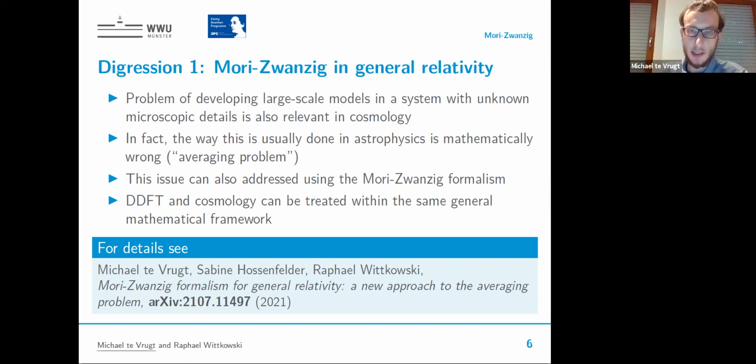And it is known for quite a while that, strictly speaking, this is mathematically wrong, because the Einstein field equations are nonlinear. And so actually you need to do a proper coarse-graining procedure. And this issue can actually also be addressed using Mori-Zwanzig formalism, which we have done in this preprint here.